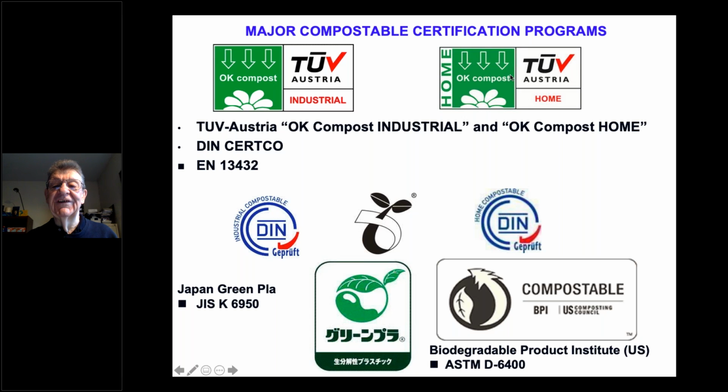For home composting, there's the TUV Austria and the DIN certifications. Home composting and industrial composting are similar, except that the industrial composting certifications are carried out at much higher temperature and with a much shorter timescale.